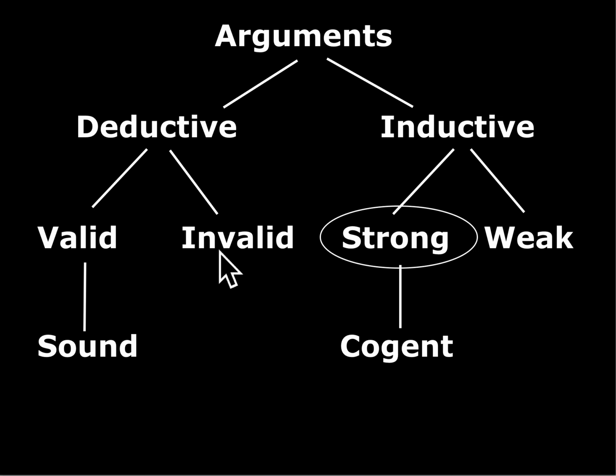For the most part, in chapter 5 and to some extent chapter 6, but mainly in 5, we're now looking at inductive arguments and distinguishing strong from weak inductive arguments. And informal fallacies are typically cases where arguments look inductively strong, but really they're inductively weak.